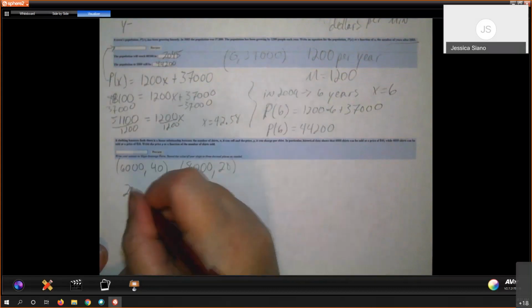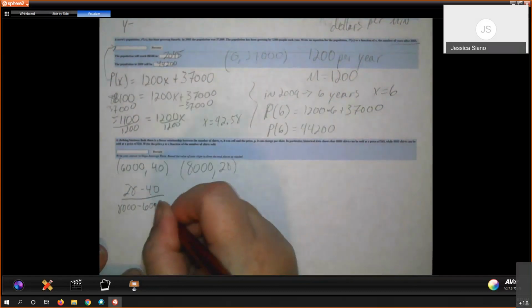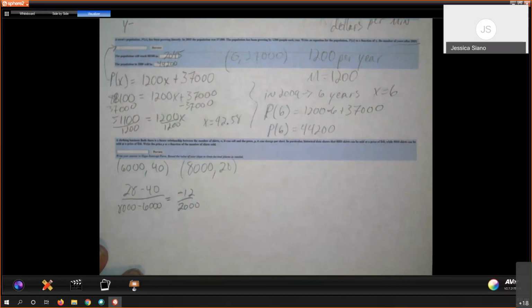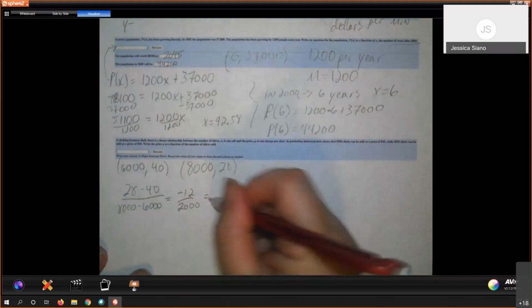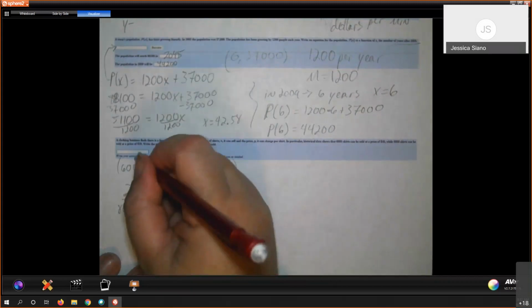So 28 minus 40 over 8,000 minus 6,000. That's going to be a negative 12 over 2,000. You get negative 3 over 500. Negative 0.006. So that's my slope. Here's my x1, y1.